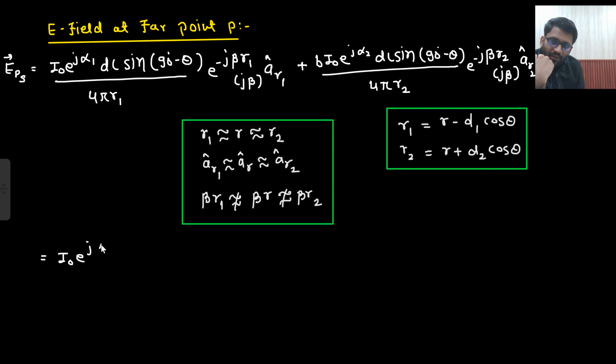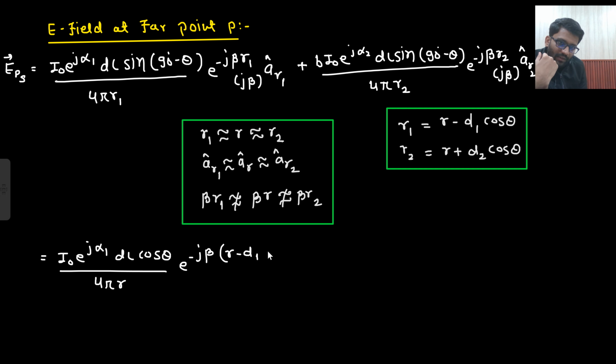I naught e to the power j alpha 1 dl cos theta upon 4 pi r, because R1 I can put as R, e to the power minus j beta R1 is R d1 cos theta into j beta AR cap. AR1 cap as AR cap, but this I am not gonna change.